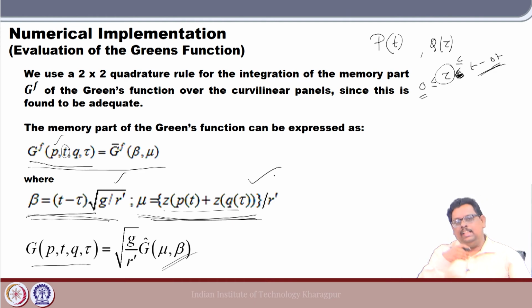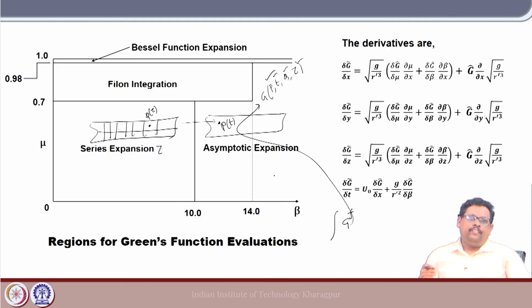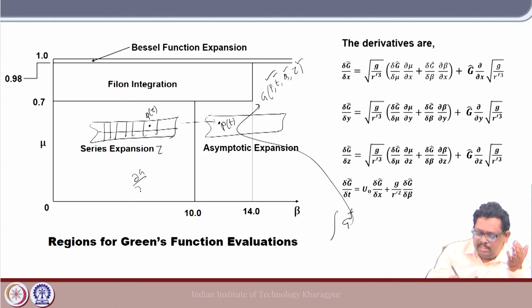two equations, then easily you can transfer this p, t, q, tau into the mu beta system, and then you know the corresponding value of mu and beta also. Now, you check in which range you are going to get the value. Does it fall into the Bessel function region, Fuller integration, series, or asymptotic? Then you apply those formulations and get the value for g. Once you get g, you can very easily get del g del mu and also del g del beta.